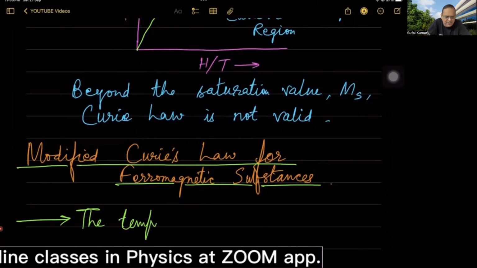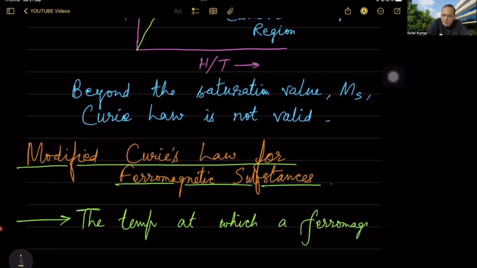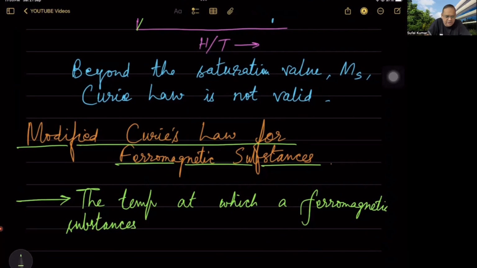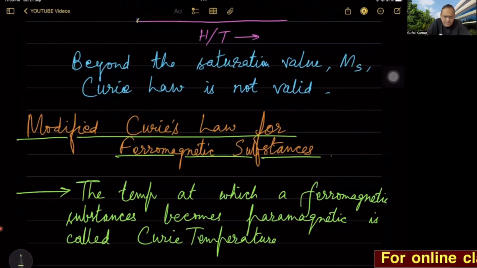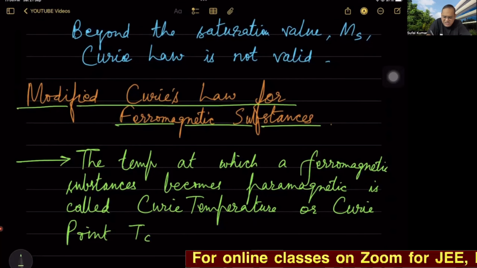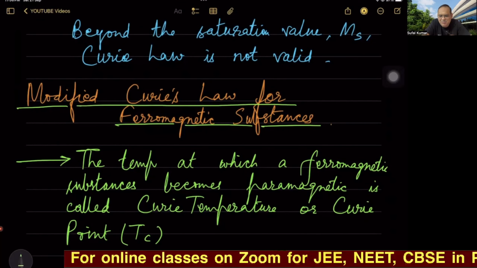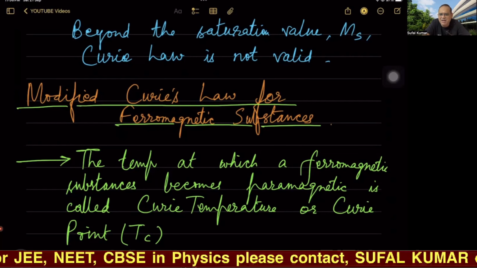The temperature at which a ferromagnetic substance becomes paramagnetic is called the Curie temperature or Curie point, Tc. That means at this particular temperature, a ferromagnetic will become paramagnetic.